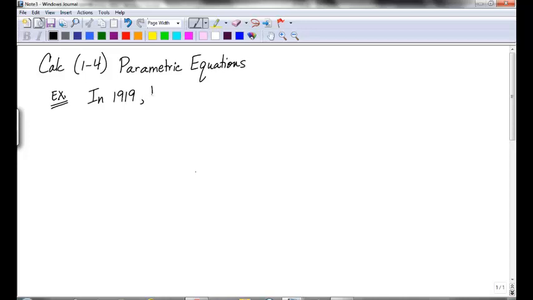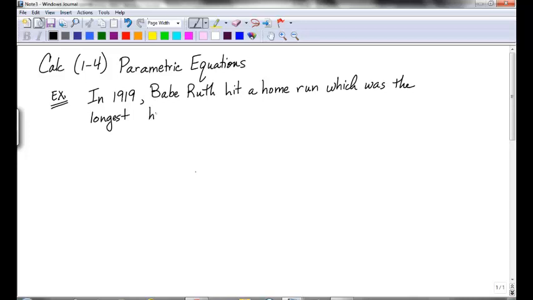In 1919, Babe Ruth, famous baseball player, hit a home run, which was the longest hit in Major League Baseball at that time.